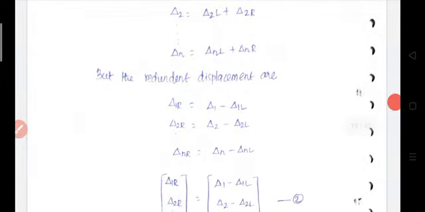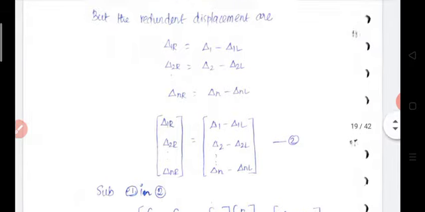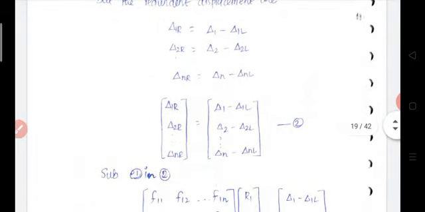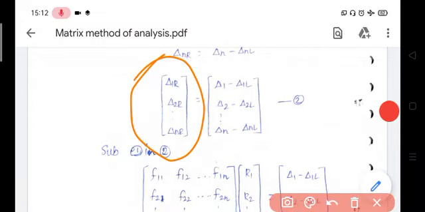From that, the redundant displacements delta 1r, delta 2r are equal to delta 1 minus delta 1L, delta 2 minus delta 2L. Again it can be represented in matrix form: delta 1r, delta 2r, delta nr matrix is equal to delta 1 minus delta 1L, delta 2 minus delta 2L.